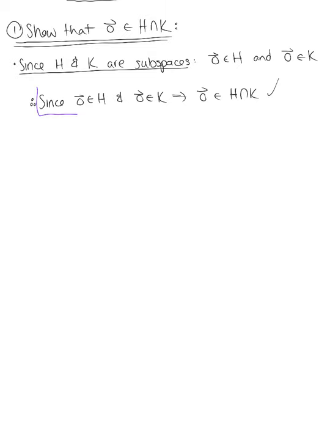So we have confirmed that the zero vector lives in our intersection, and we're ready for the second property.